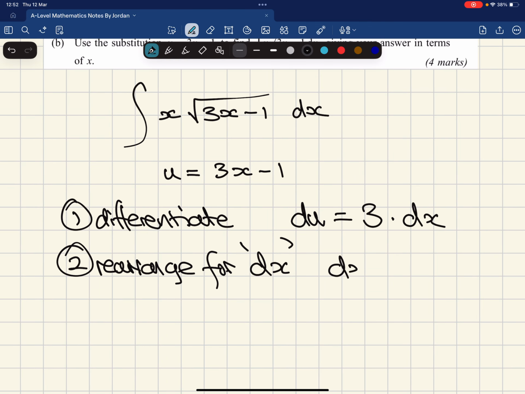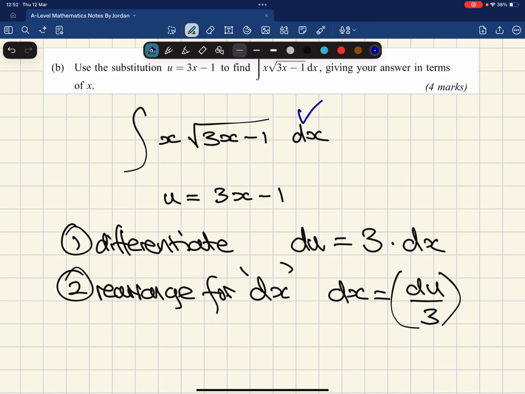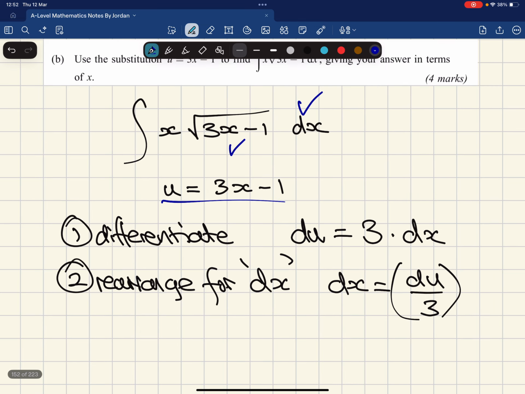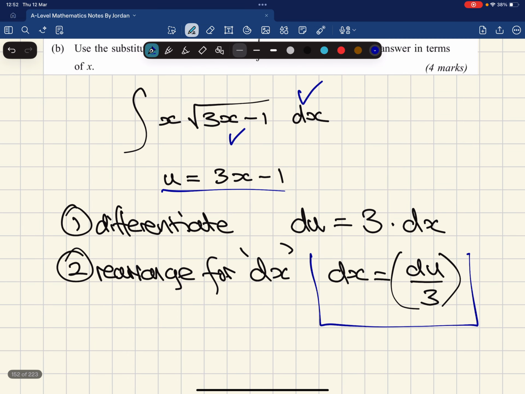So here you're just getting dx being du over 3. So let me just tick that. I have that sorted. Remember u is 3x minus 1, so that's sorted. And then I'm asking myself, if I look over here, do I have an x in the denominator? No, I don't. So that means I need to sort that out as well.